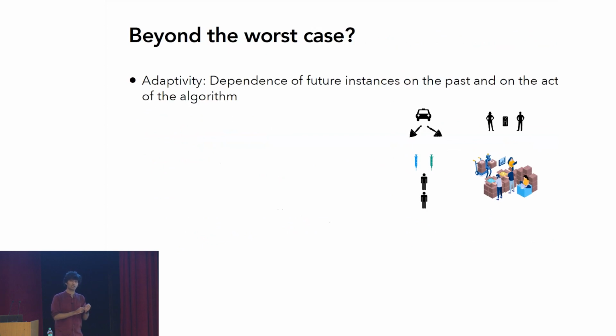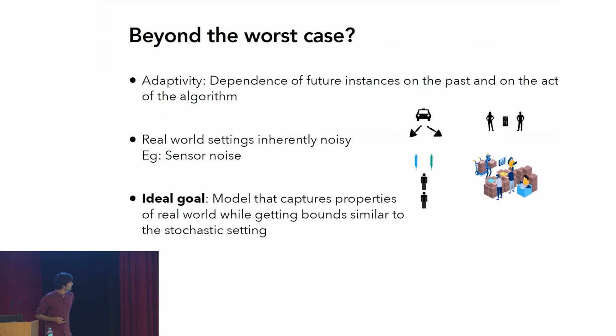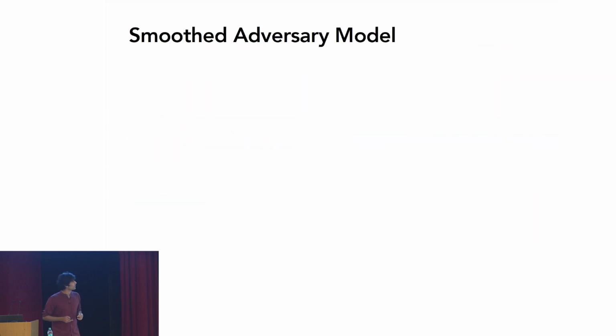This is something that you want to capture in whatever model for beyond worst case adversaries that you're building. And also the other thing is real world instances are inherently noisy. So maybe we can incorporate noise that is inherent in the inputs. And the ideal goal would be to capture properties of real world while getting bounds similar to the stochastic setting. So this is what we'll aim for.